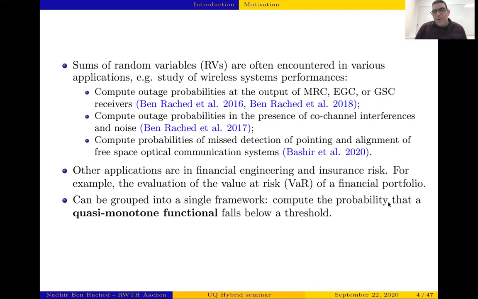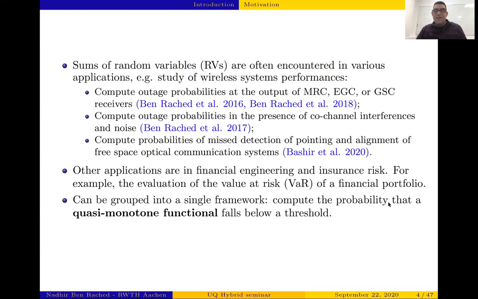The second application is again in the computation of outage probability, and assume that a user transmits a signal to a base station, but there are some interfering signals that come from different sources, and then this will deteriorate the signal to noise ratio, and this is again an outage probability problem.